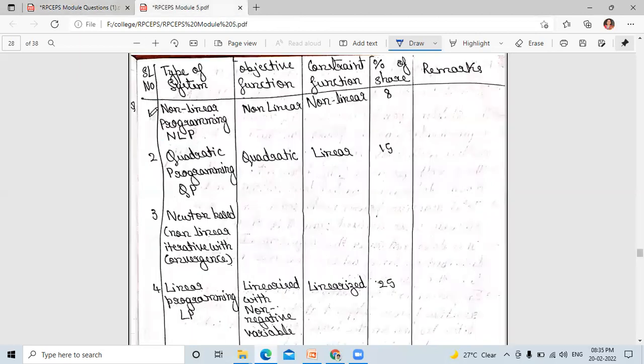So if you mention these 5 points, this table, that's enough. Mention the 5 points, and a function, objective function, and constraint function, and percentage of share, and remarks. If you write this, enough. No remarks are there. You mention these 4.